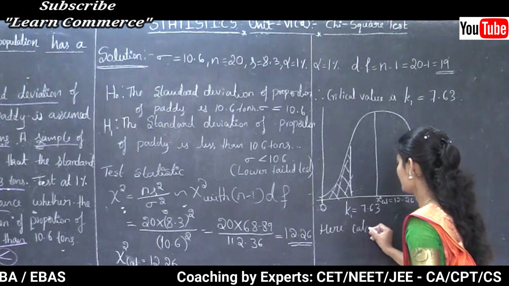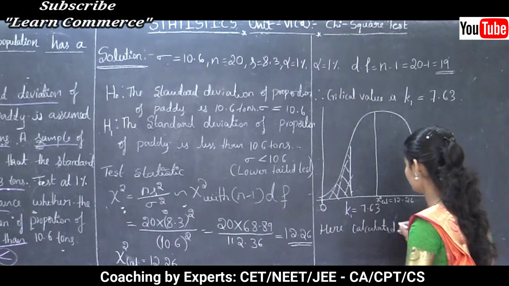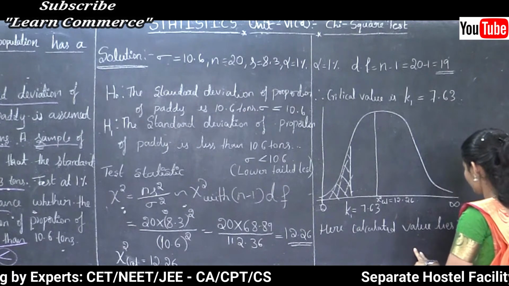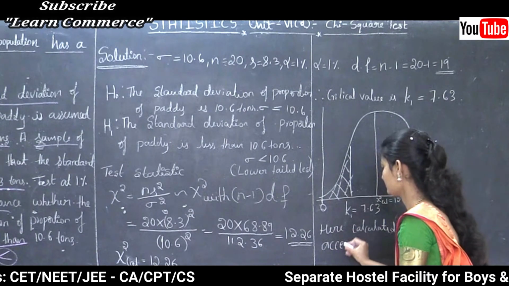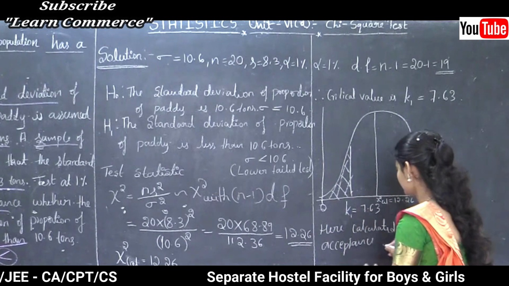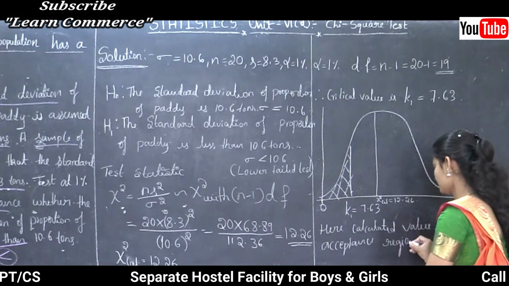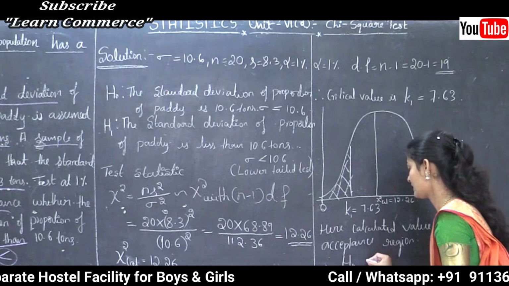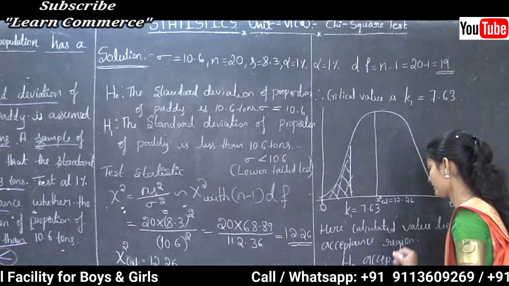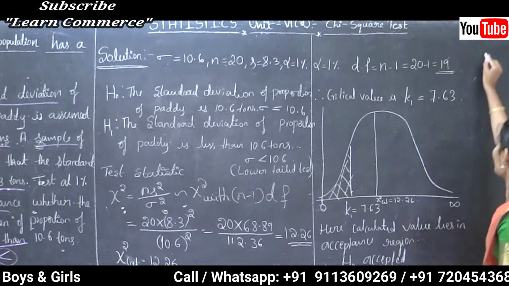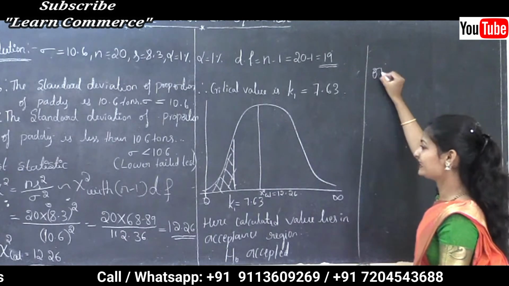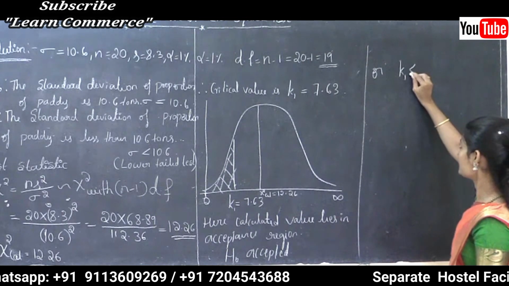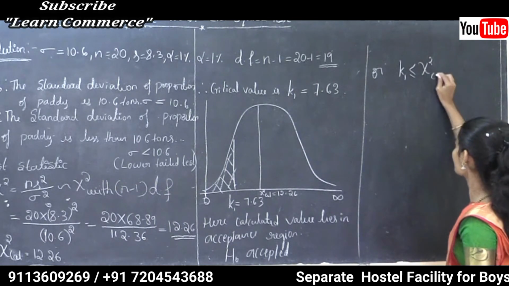Here the calculated value lies in the acceptance region, therefore H0 is accepted. Or, for a lower tail test or left tail test, the condition is like this: K1 is less than or equal to the chi square calculated value.